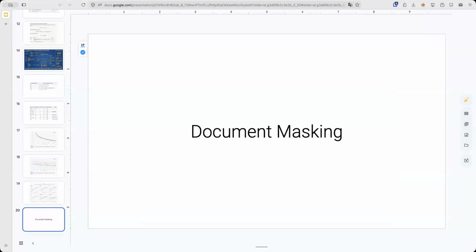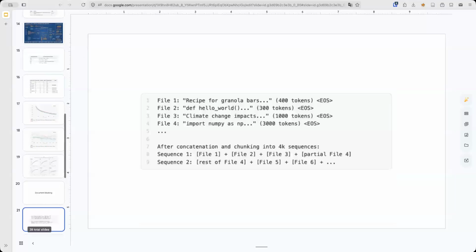And lastly, we need to talk about document masking. Here's another problem that we face when we try to train on real world data. Surprise, surprise, real world data is not uniform in the sense that the length of each one of the documents, each one of the files, each one of the sequences that we want to learn is different. So we can have 4 files, 4 sequences of different length.